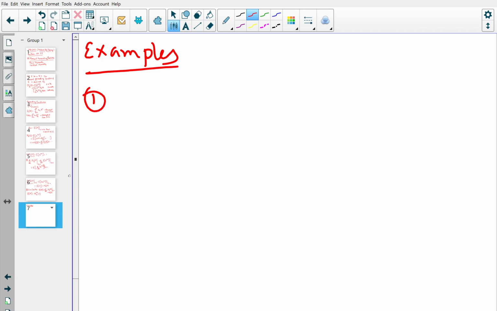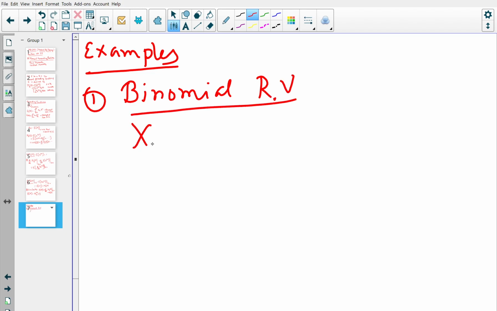So example number 1. We learned something called binomial random variable. So let us discuss binomial random variables. Okay, so we have X, which is binomial with parameters n and p, and then how to get the moment generating function? So obviously we will use the definition.